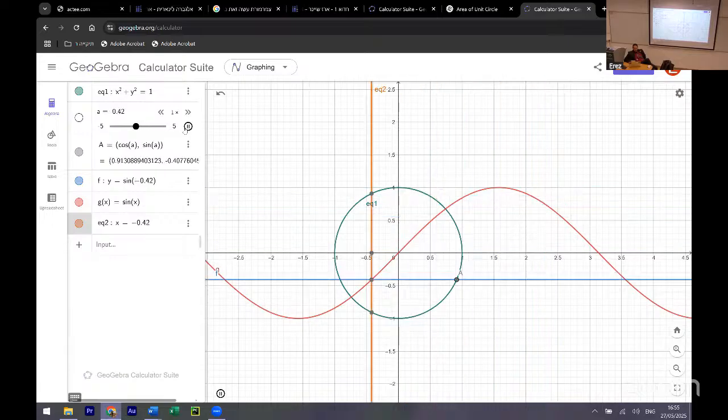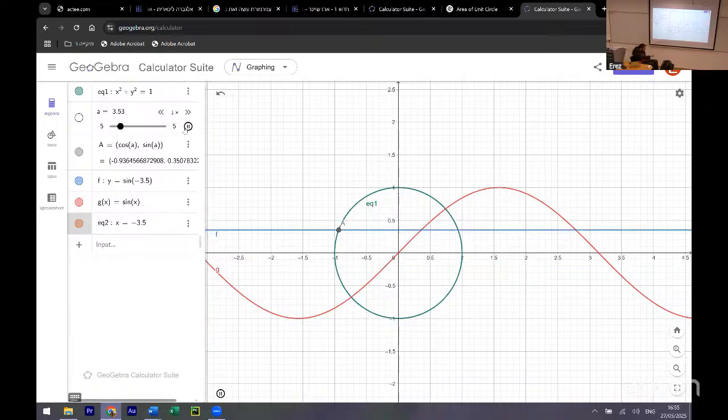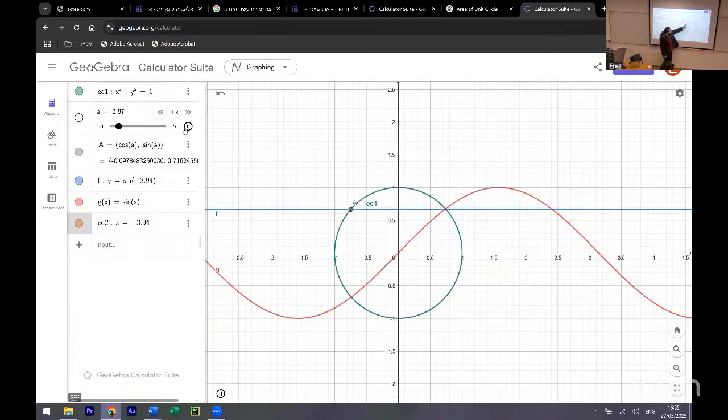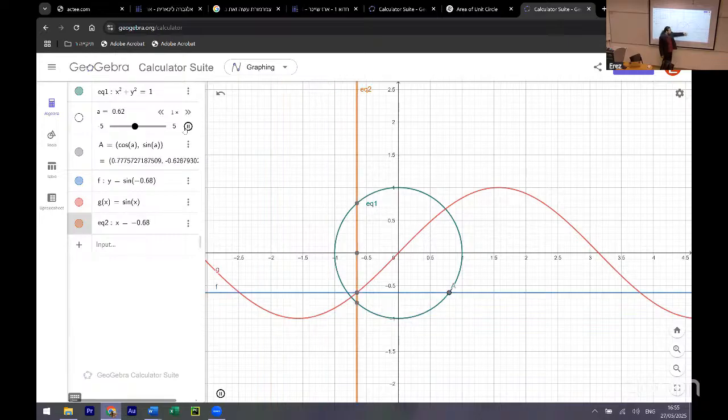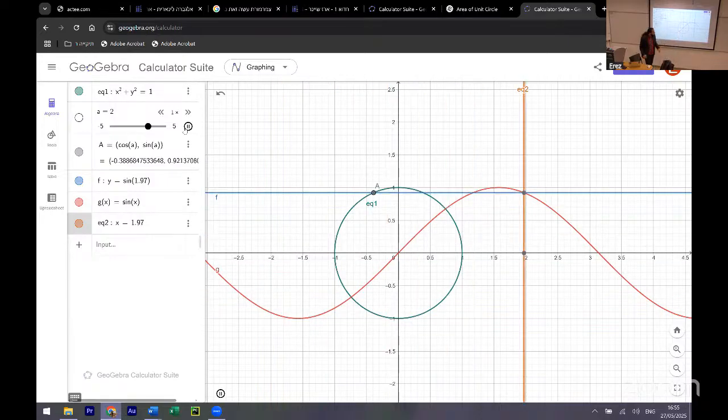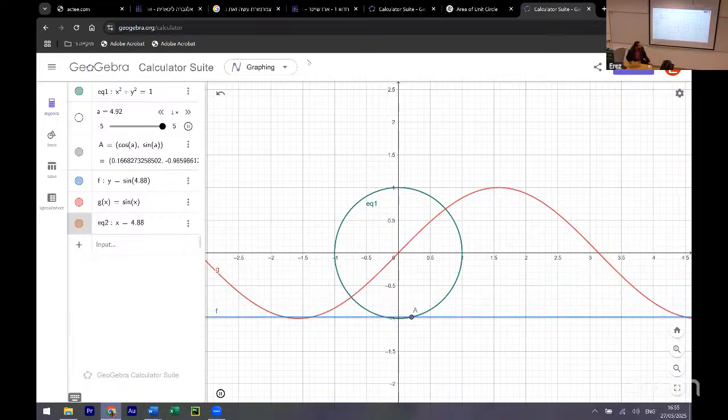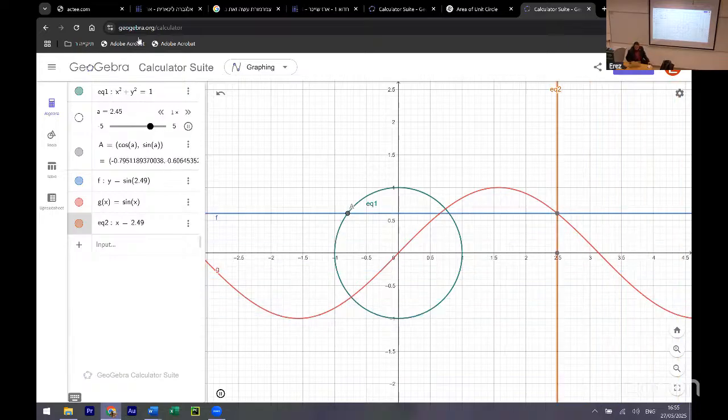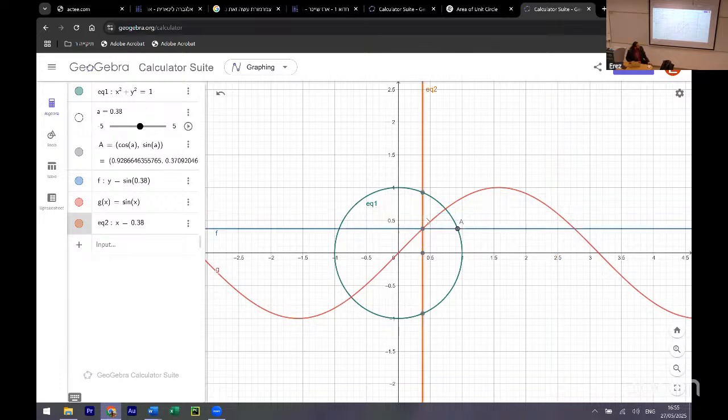If you take the angle here to equal the distance here, that means the arc length is equal to the distance, then the y value of sine is exactly the y value of the unit circle.